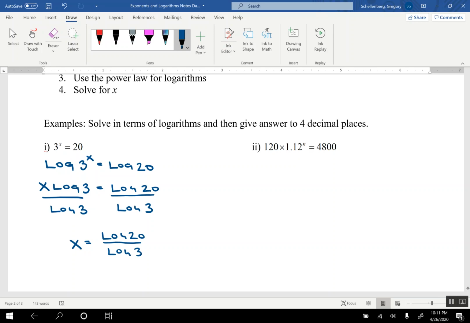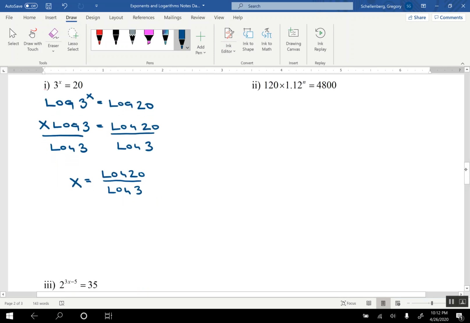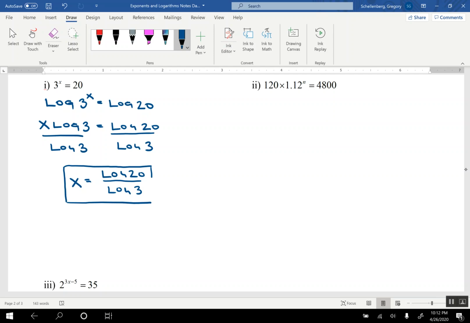So if we plug this into our calculator, what would we get? I'll let you figure that out. If we leave it as the log of 20 divided by the log of 3, that is an exact value, but you can just directly plug that into your calculator, log 20 divided by log 3, and you'll get a decimal answer.